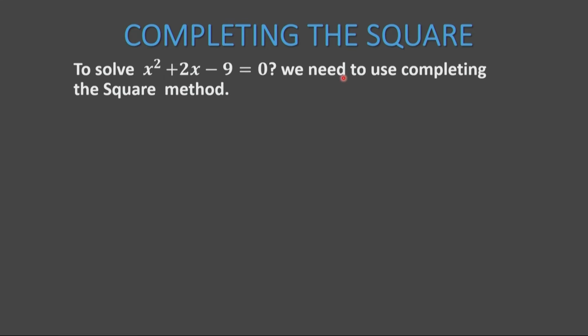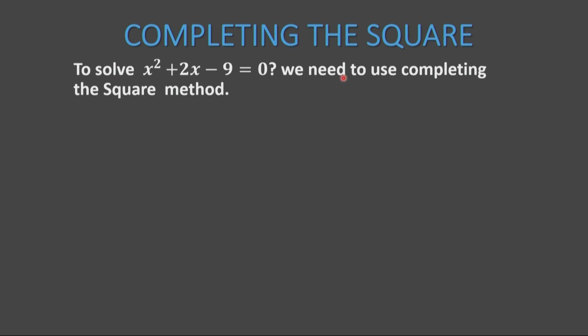Are you ready? Now, to solve this equation, we need the method of completing the square. Listen to me, my students. Please pay attention, because what I'm about to say is very important.